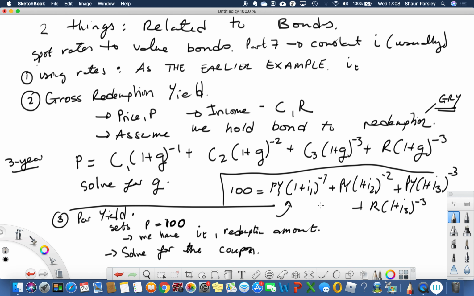So now you can see you solve for PY, that's your par yield. So have a play around with that.